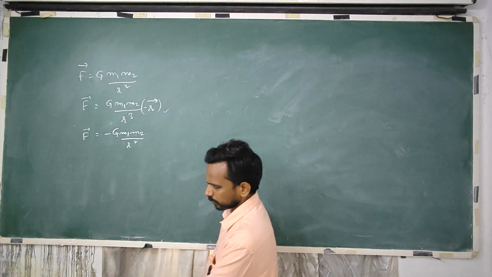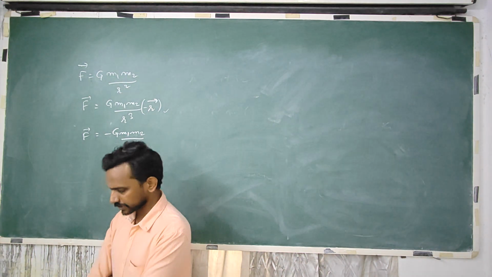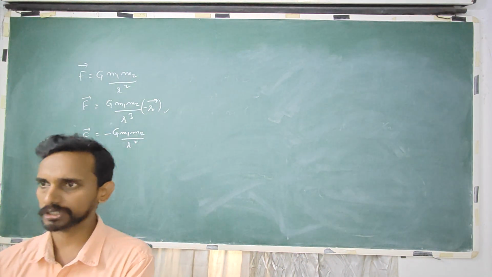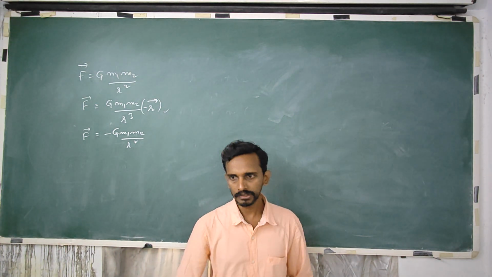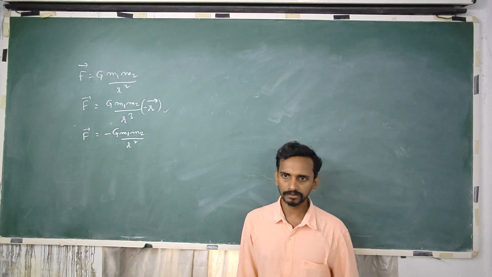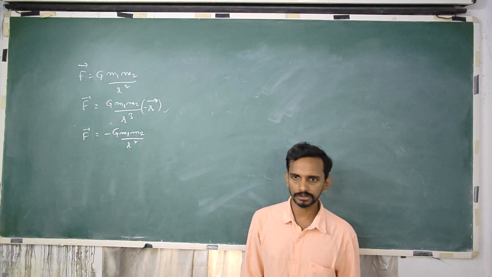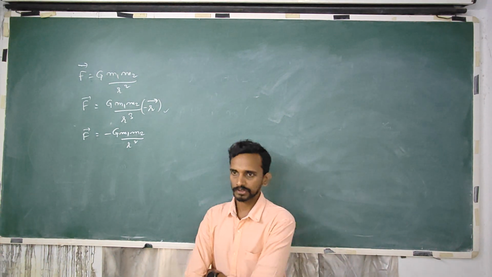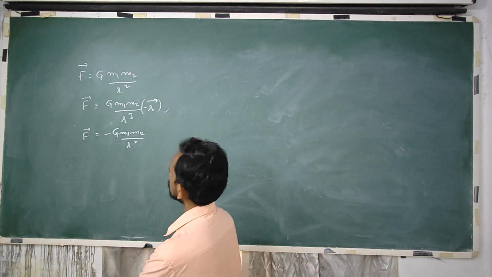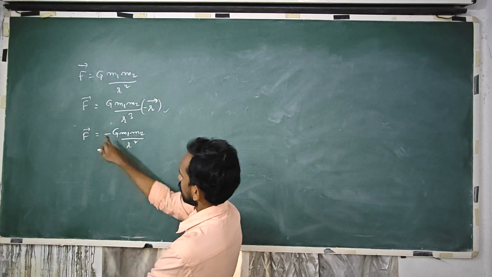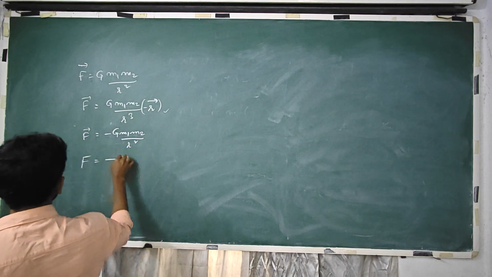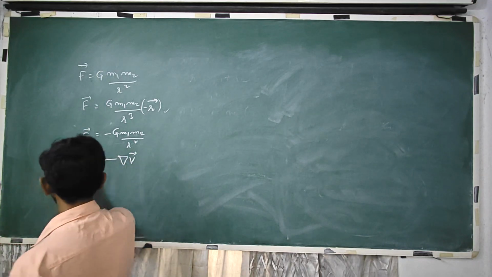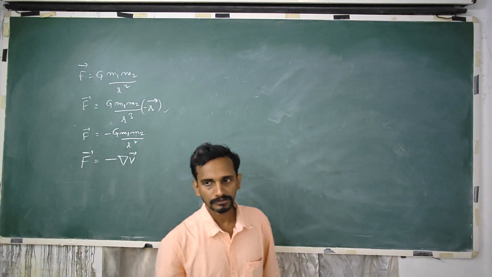Now, what is the potential? So the ultimate test for attractive or repulsive is you have to calculate the potential. If the potential is negative, then it is attractive. If the potential energy is positive, it is repulsive. We have to confirm that, right? So here already we have a negative sign and force is minus del V. So what do you get?